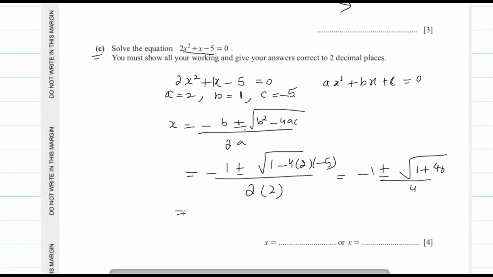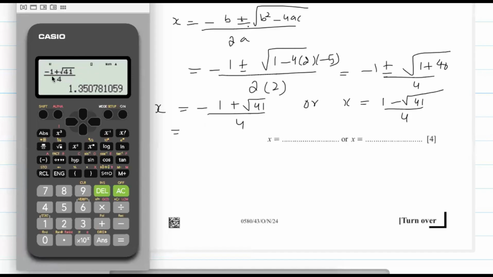We can write this value here as x equal to minus 1 plus square root 41 over 4, or x equal to minus 1 minus square root 41 over 4. And we can calculate this value. Look here, this value is minus 1 plus square root 41 over 4. This is equal to 1.35.